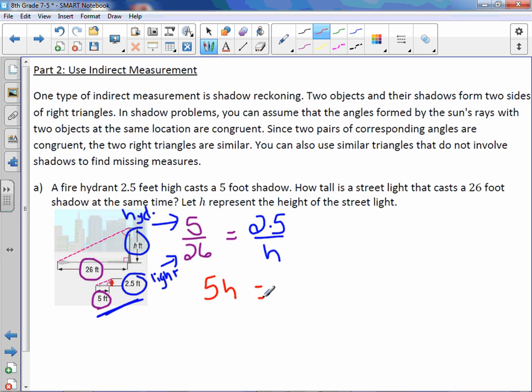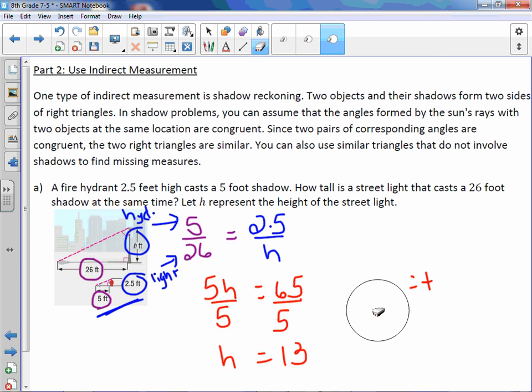H equals 26 times 2.5 is 65. Divide by 5. H equals 13, and that's in feet. So 13 feet.